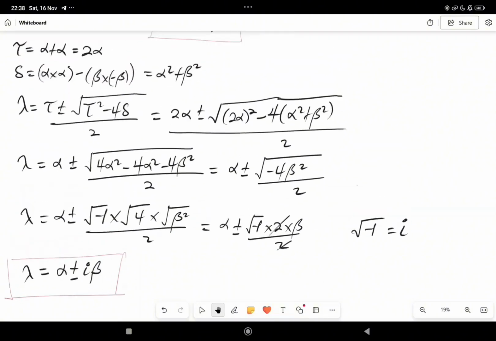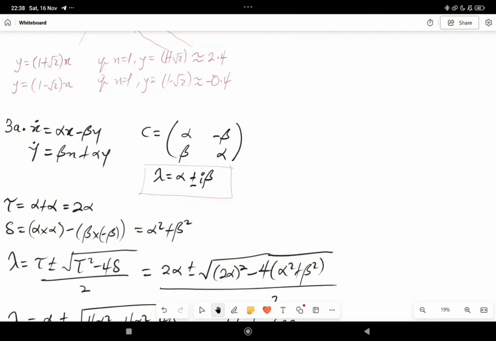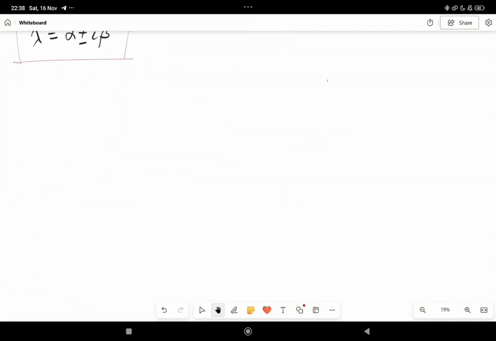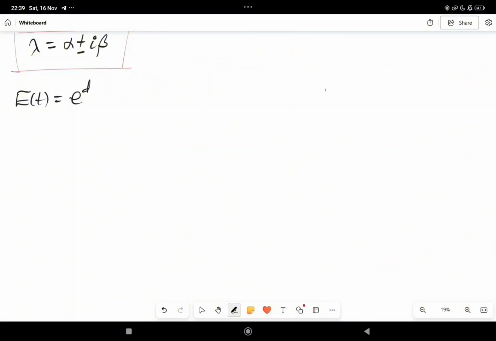Whenever you are given a dynamical system where you have your matrix in this form, then you can go ahead and write down your eigenvalues. Now, the process of finding the eigenvectors is the same as the previous ones. So what we will do now is rather to find your E of t. Now, E of t is given by the exponential of the diagonal of all the lambda times t.